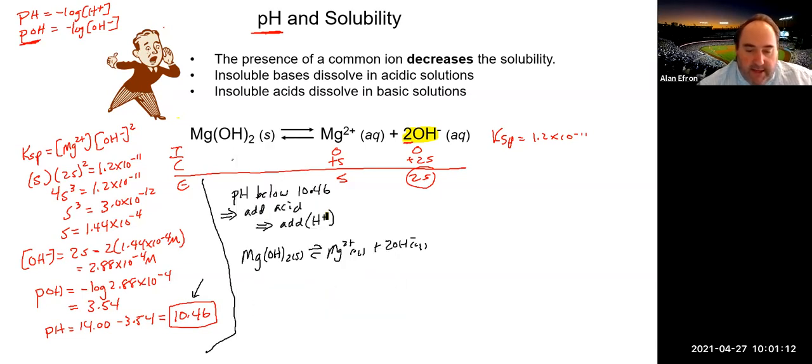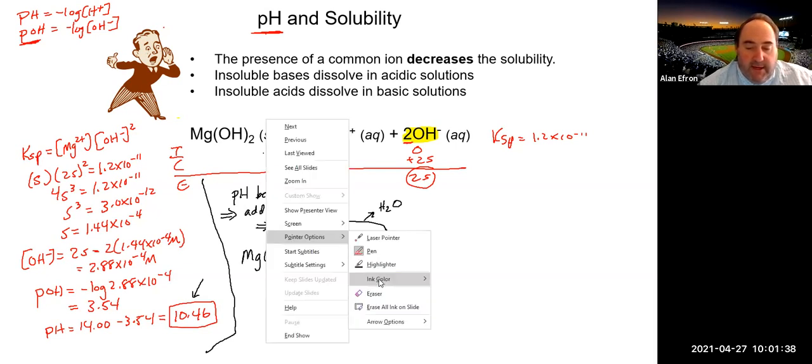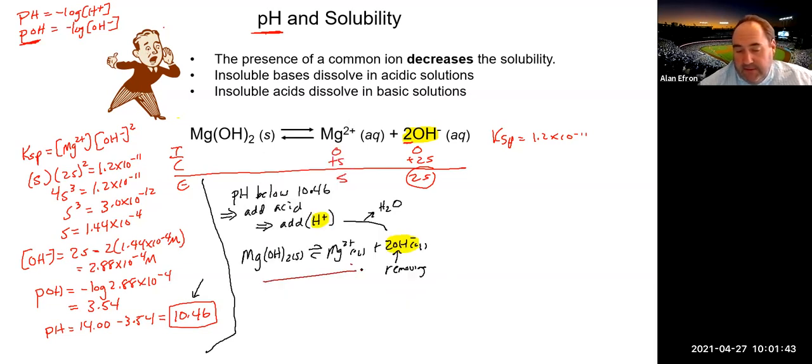But when we add H plus to a system that has OH minus, these two really like each other. And basically these two will then make water. That is essentially removing OH minus from this equilibrium. And what does that mean in terms of Le Chatelier's principle? If we remove that OH minus, we would expect the equilibrium to now shift towards it. So the equilibrium should shift towards it.